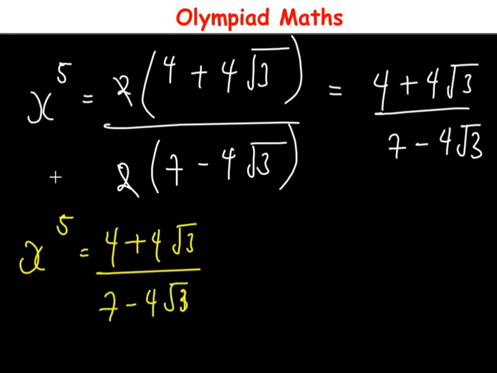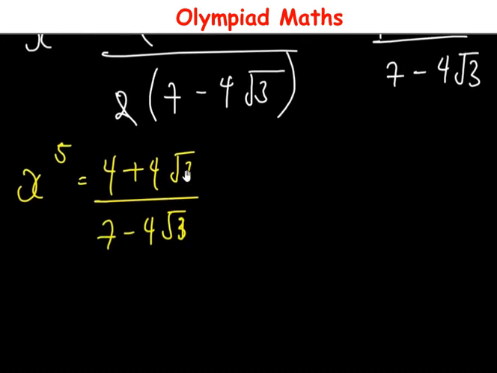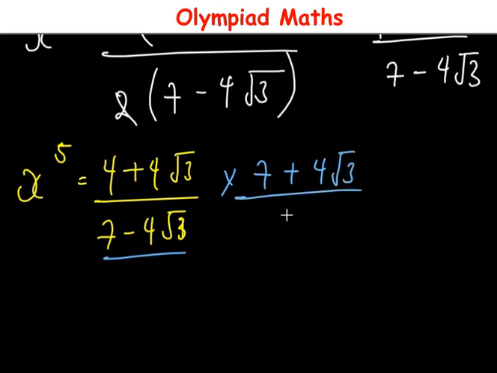So to then solve this, we are going to multiply the numerator and the denominator by the conjugate of this, which is simply 7 plus 4 root 3. So multiply both the up and down by 7 plus 4 root 3.